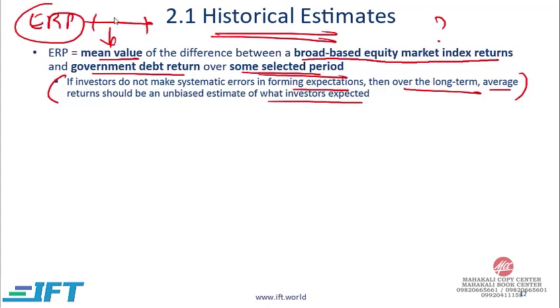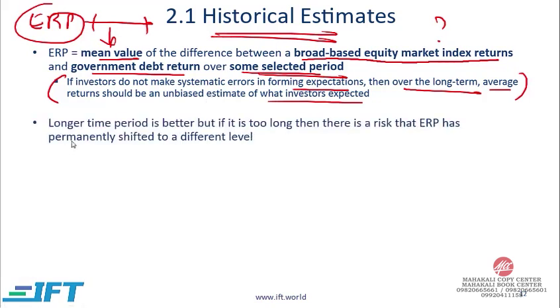What we are expecting on equity minus what we are expecting on risk-free investments. But here we are discussing a historical method. So what we are essentially saying is that if historical numbers are unbiased, and if historical numbers are a fair depiction of what is going to happen, then this method works.